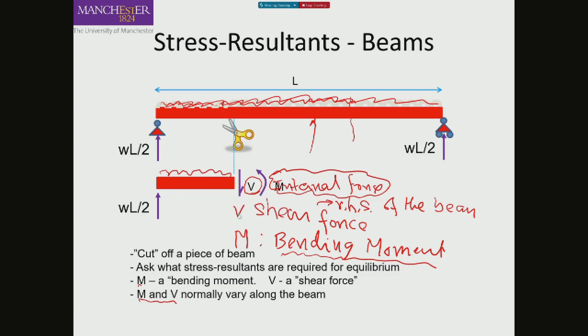And these are highly important because that is actually stressing the beam. And from these shear force and bending moment, we can calculate what would be the stress. And once we know the stress, we can check with the material properties or the material behavior that this beam is made of and compare.